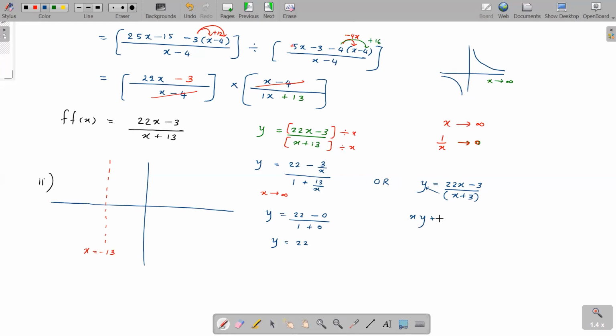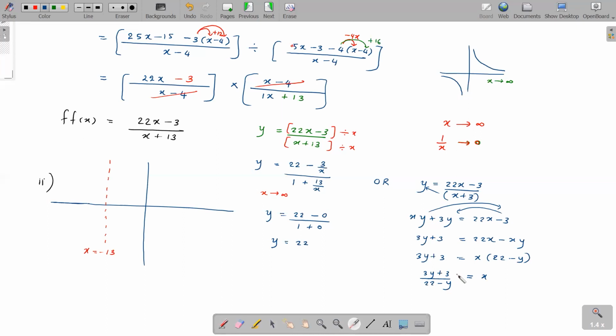You get xy plus 3y equals 22x minus 3, and you make x the subject, isn't it? So 3y plus 3, I'll take the 3 here and I'll move the xy to the other side. 22x minus xy. Now take x out. Then I get here 22 minus y. Are you with me? So I get here x equals 3y plus 3 over 22 minus y.